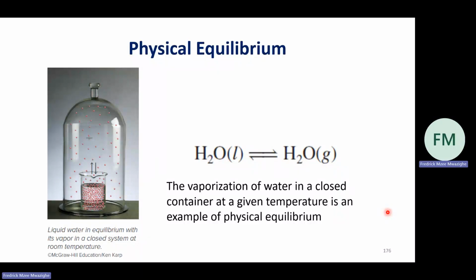So this is a simple example of a physical equilibrium, and we call it physical because water essentially is not changing in its chemical nature, but what is happening is that it is changing from liquid to gaseous state and then back. Just the physical state that is changing, but not the chemical state of water.